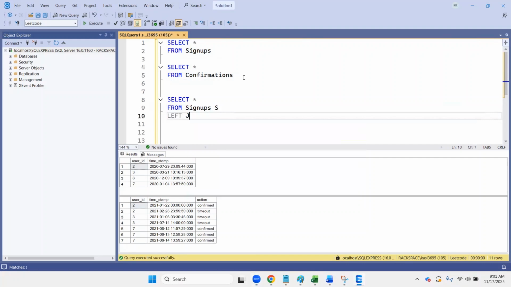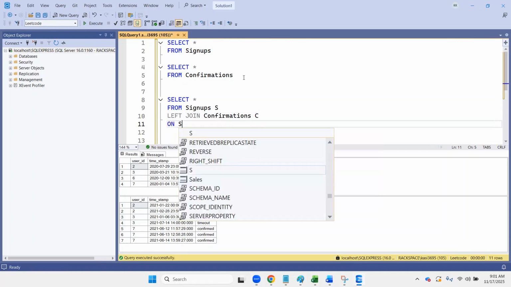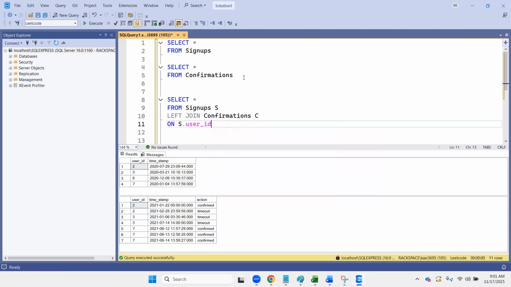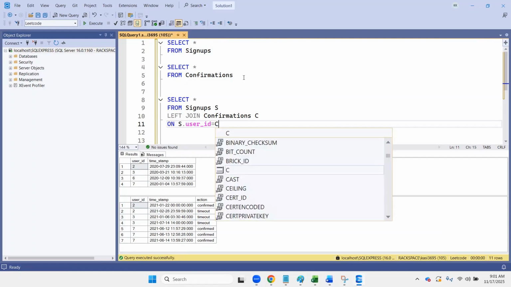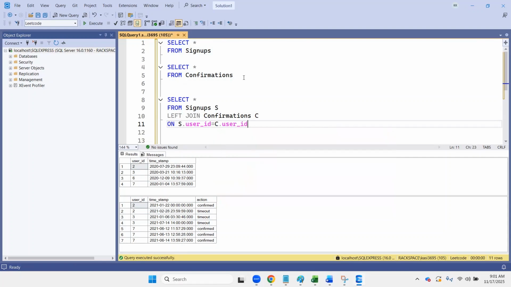We are doing a left join because we want all the customers, irrespective of whether they landed on the landing page or not after sign up. Left join with the confirmation table C, on the condition that user ID equals the confirmation table's user ID.